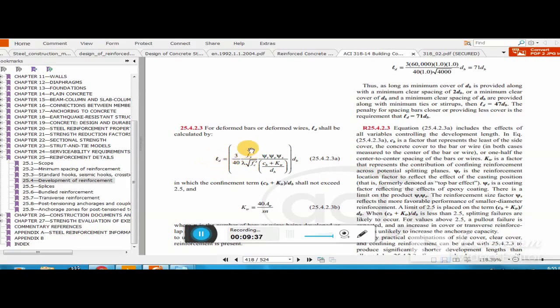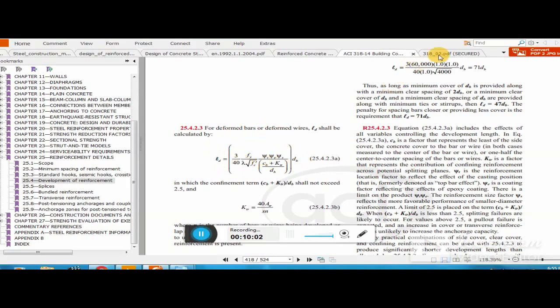As you see, fy is almost constant for a bar, so how much development length do I need? It further depends on the bar size as well, and some other factors as you see here.